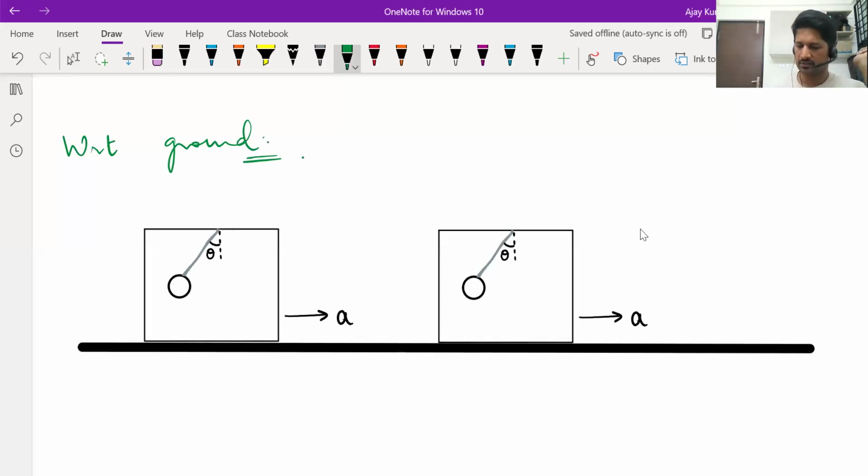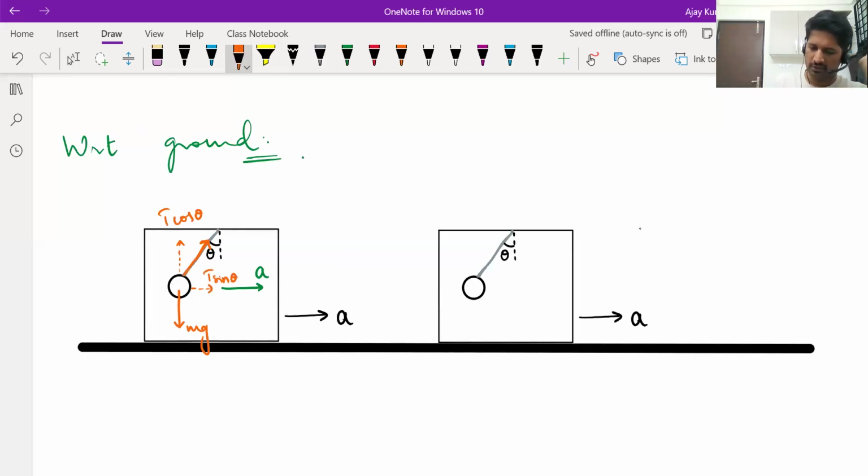Let's write equations. Now, if the bob has to move along with the container, the bob should have an acceleration a to the right. Okay, and as seen from ground, the only forces acting on it would be mg and tension. String makes an angle theta with the vertical, so tension also makes an angle theta with the vertical. Then the vertical component of tension would be T cos theta, and the horizontal component of tension would be T sin theta.